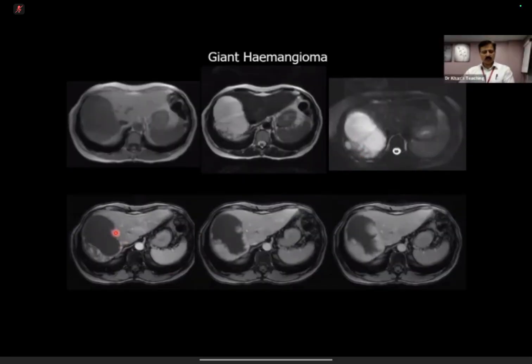Then look at this enhancement, which is peripheral, and then of course we have the delayed phase. We don't know if it is 10 minutes or whatever, but a large portion might not enhance. That doesn't change anything. So this is still a giant hemangioma.